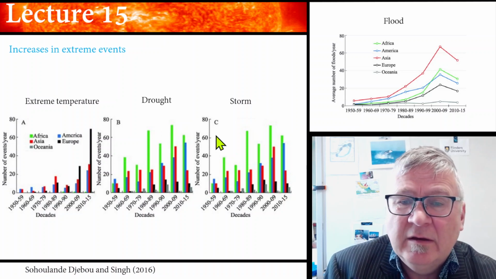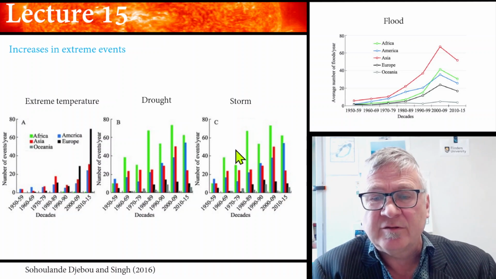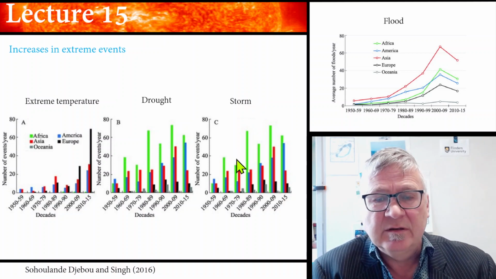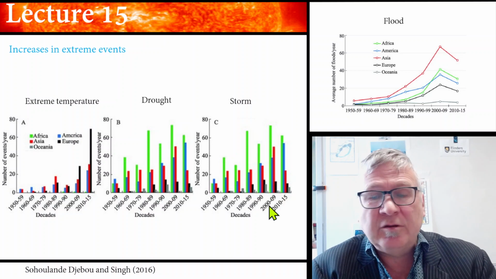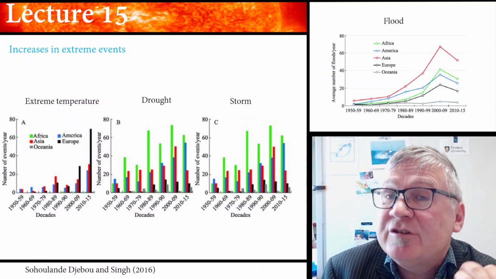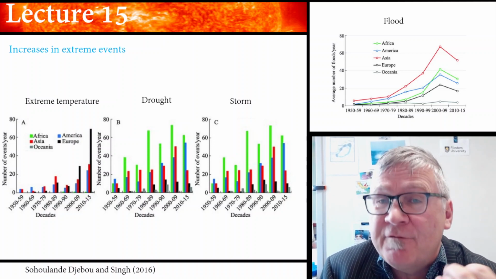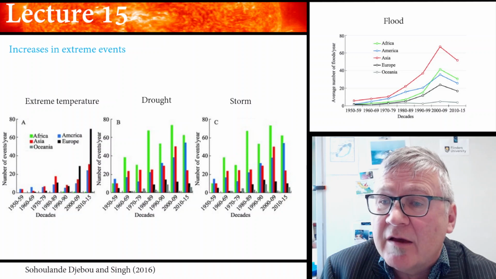Storm is another example. You can plot these numbers, but in order to understand changes, you have to know a little bit more about the cause and effect relationships that you actually have.